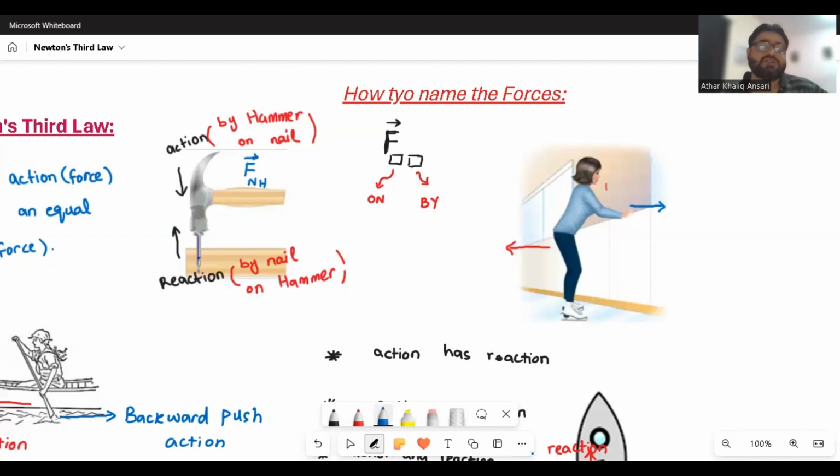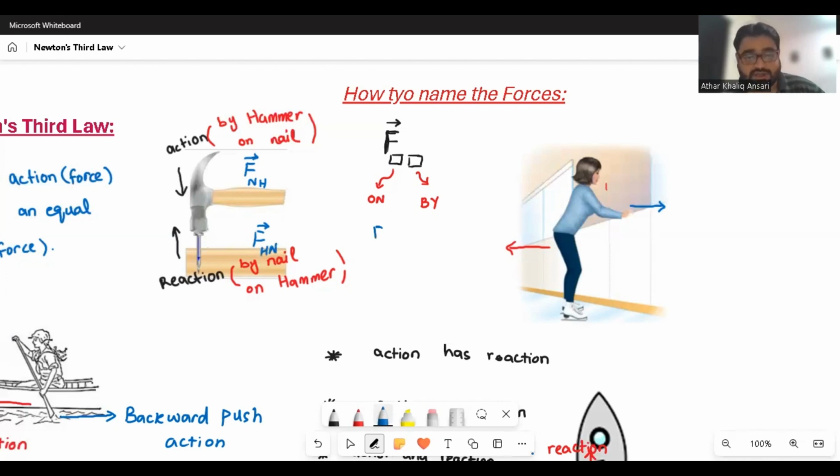So the action is force by the hammer on the nail, so I can write it F_NH. On the other hand, for the reaction, I can say force on the hammer by the nail, so it will become F_HN.